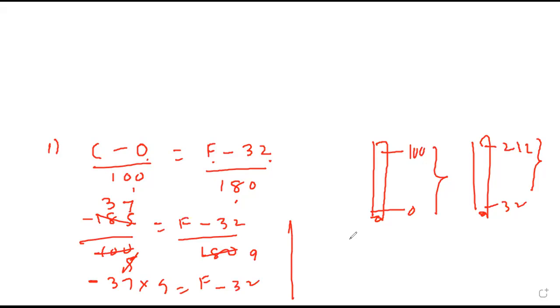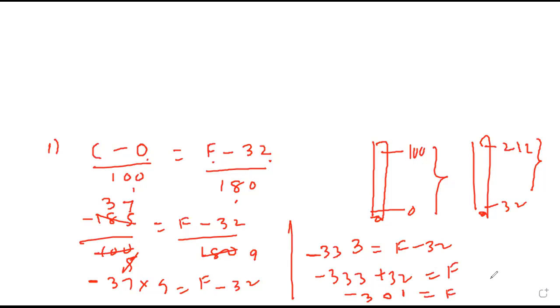That is 9 into 7, 63, carry 6. 9 threes are 27 and 6, 33, in minus, equals F minus 32. So minus 333 plus 32 is in Fahrenheit. This will become 3 minus 2, 1, 0. 3 minus 3, 0. Minus 301 Fahrenheit. So option B. Any doubt in the sum? No, sir. Please copy.